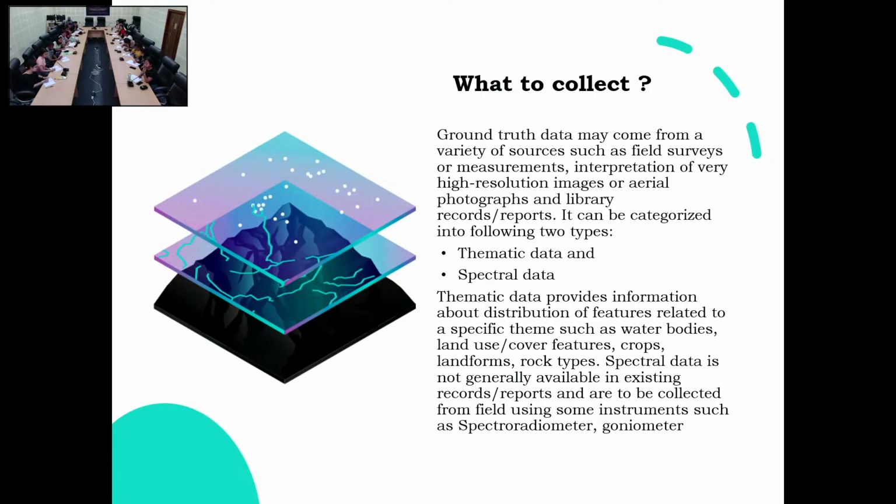If you see the satellite data, you can't define the spectral signature of that feature, so you need to derive it with the help of software. And on the ground, because we are talking about data collection from field survey, the spectral data which we collect uses some instrument like a spectroradiometer, which I gave as an example at that time, and a goniometer.